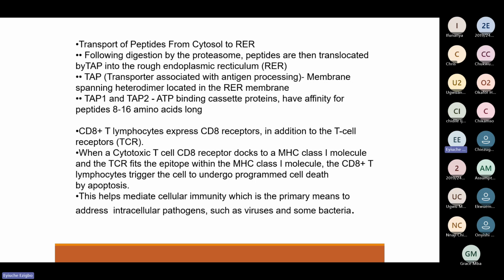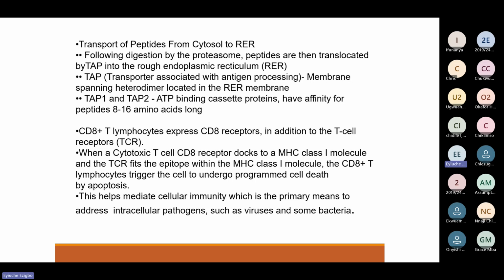So the cytotoxic T cells will attach to the antigens presented on the MHC class 1 molecule and initiate cell death so that the cell will be destroyed, because that cell cannot be remedied, having been invaded by an organism that has taken over its cell mechanism.